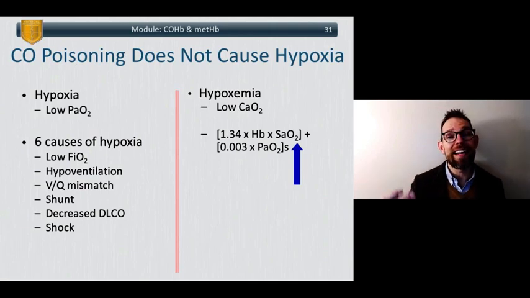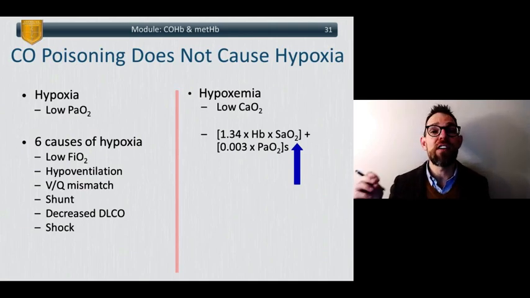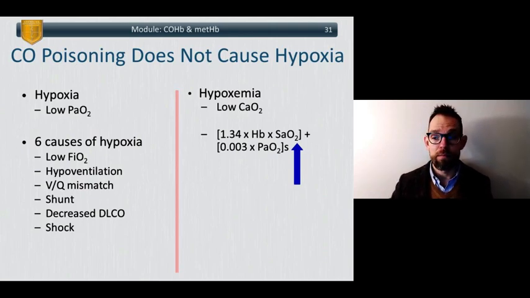Hypoxemia, on the other hand, is a low content of oxygen in arterial blood. Here, of course, we know the calculation is 1.34 times hemoglobin times the saturation plus 0.003 times PaO2.